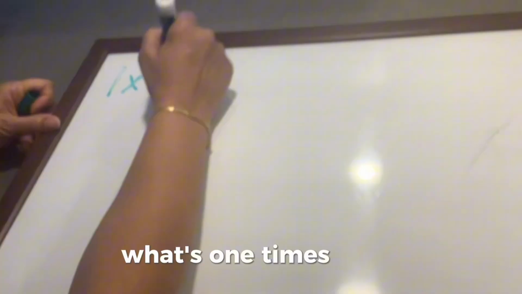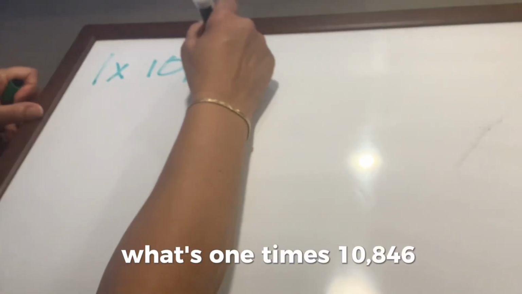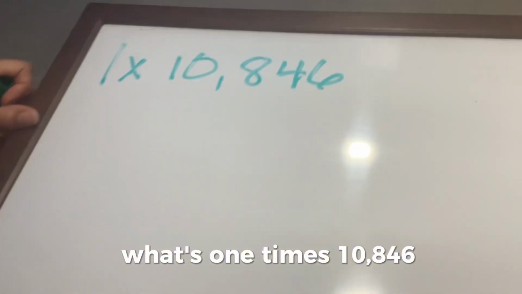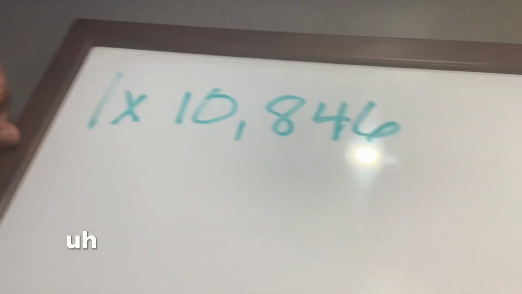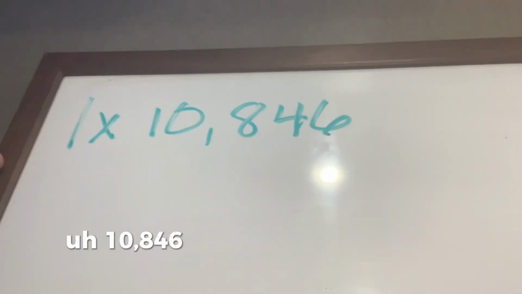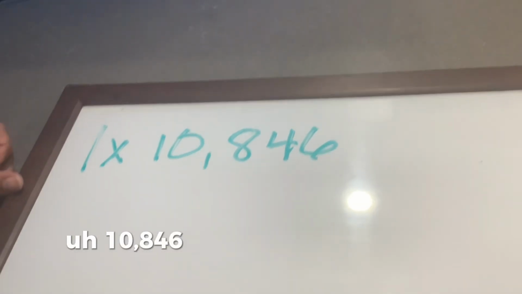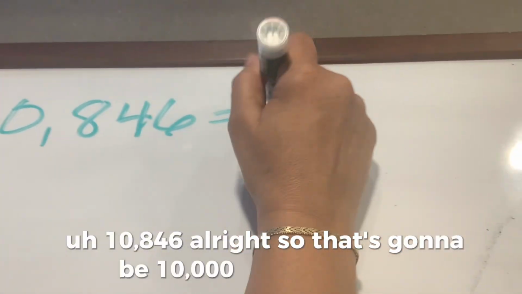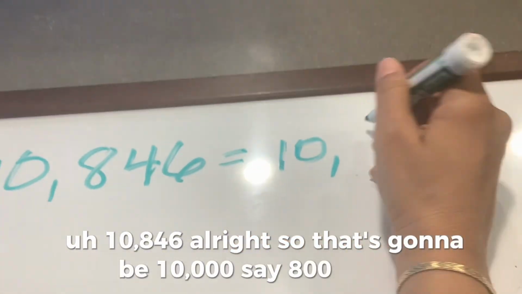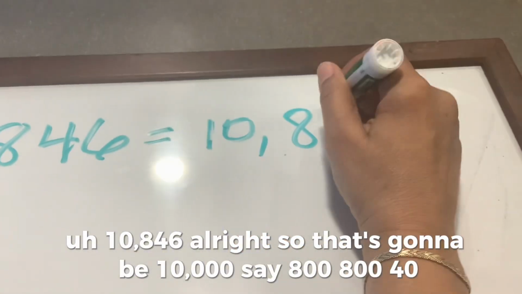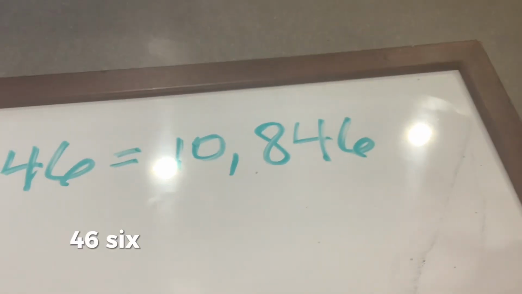What's 1 times 10,846? 10,846. All right, so that's going to be 10,000, 846.